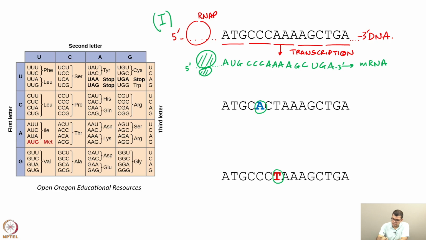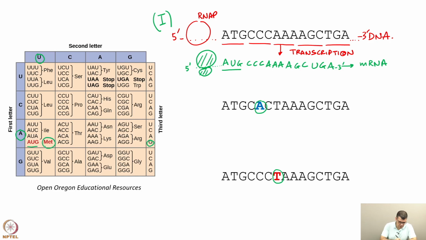And in this individual, when the ribosome begins the process of translation, the first triplet that it encounters is AUG. So, if we look at the genetic code, we have the first letter as A, second letter as U, that is this row and this column, and the third letter is G. So, AUG corresponds to methionine.